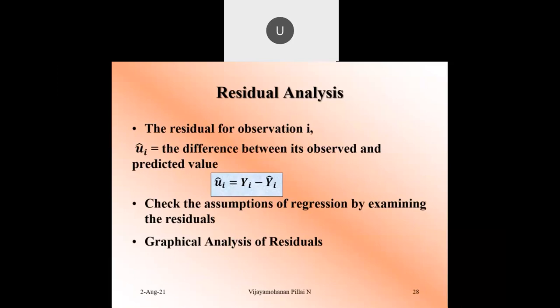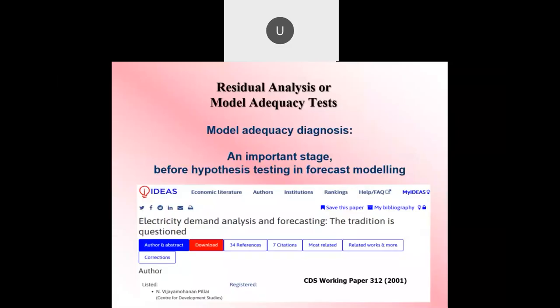And in 2001, I had a serious working paper. It is available on the net, or on my ResearchGate page. So I believe you are all familiar with ResearchGate. You can go to ResearchGate and find my page, and all my lecture series and publications are available there. This working paper is also available there.